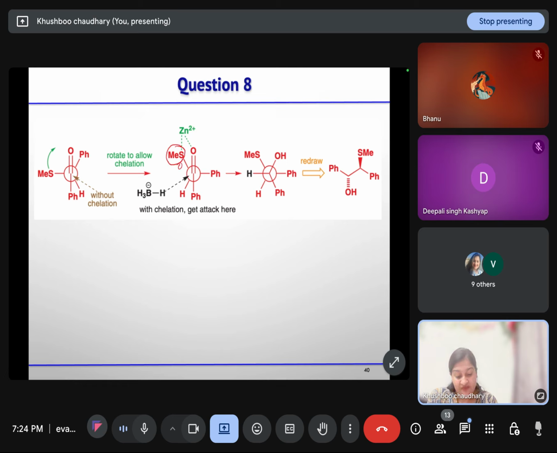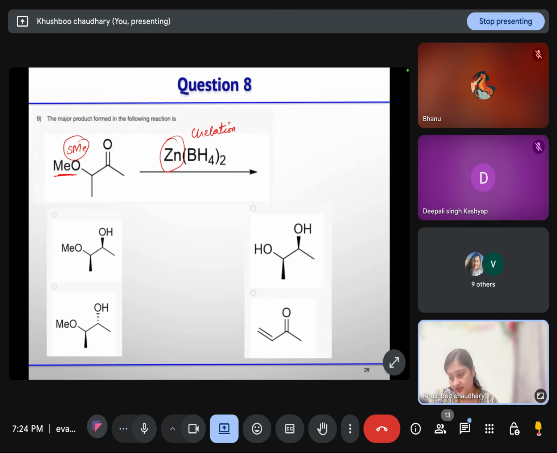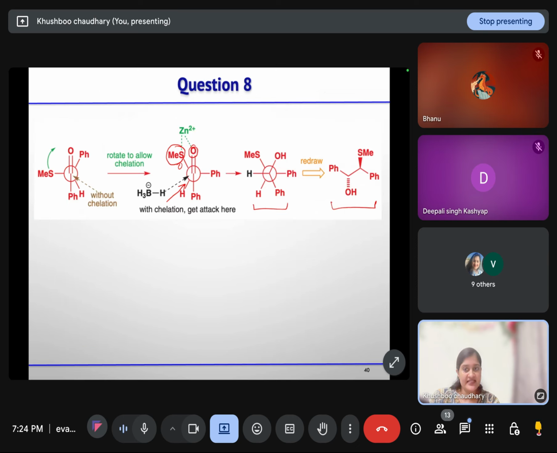In this case, you have the ether oxygen and the carbonyl oxygen, and the hydride will attack from the side of hydrogen, and then you will get this trans addition product. Clear? So in this case, the correct option is option A. When you draw the chelation model, you will get this, similar to this.